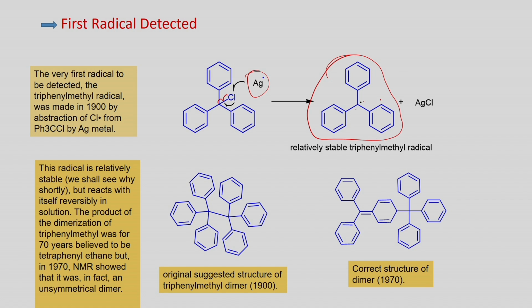This radical in benzene solvent exists as a dimer, as you can see here, because this radical can undergo delocalization with the aromatic ring. In addition to that, it is sterically hindered. Therefore, this radical does not undergo further reaction. It can be stable. It exists as a dimer.